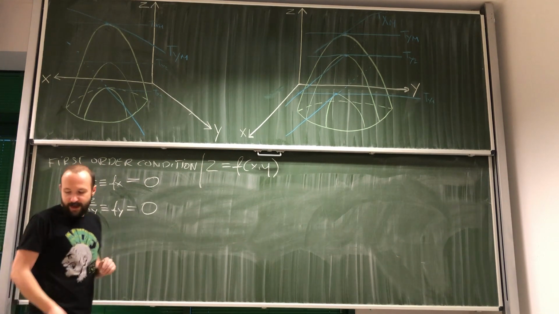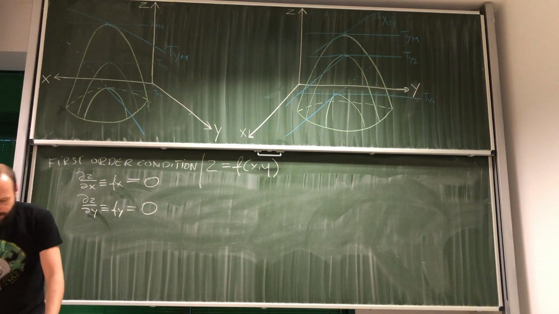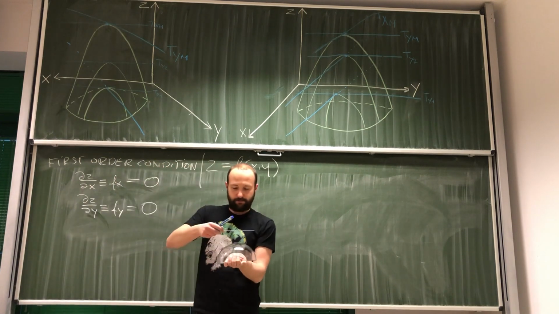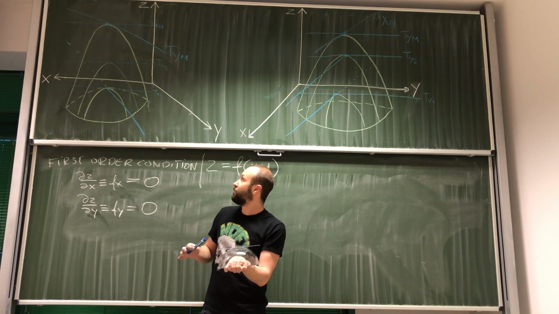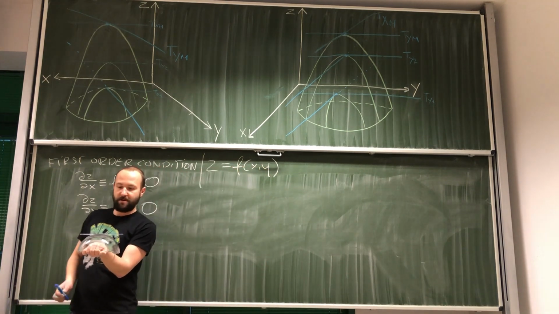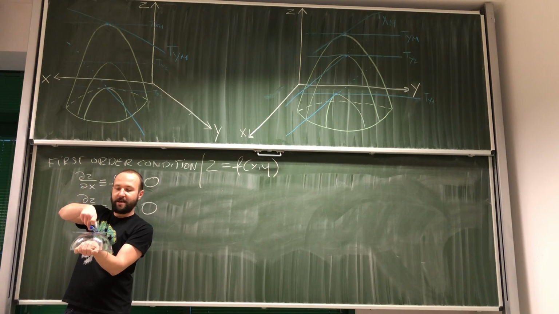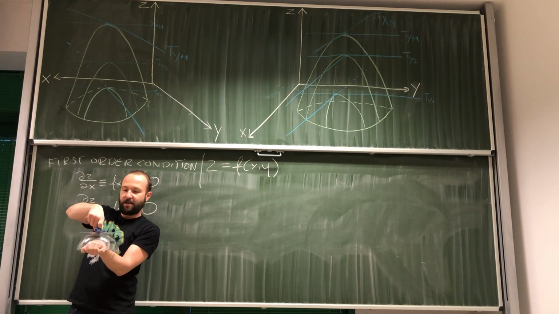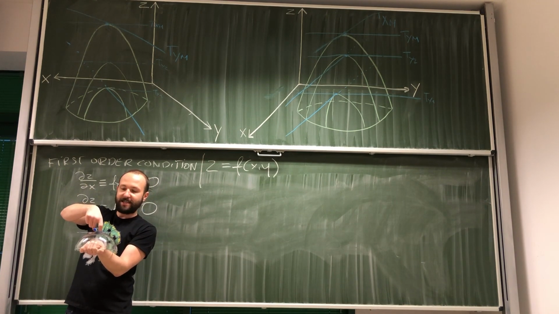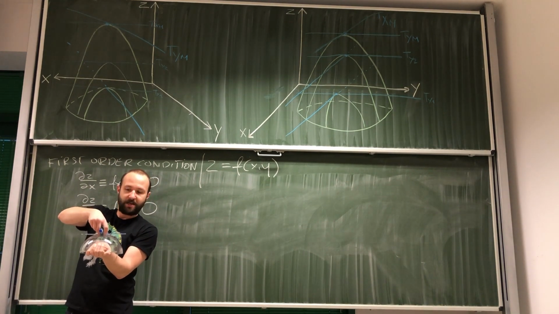Okay, now let me just demonstrate this with the ball again. Look, if we have one line that is, let's just say, parallel to the x-axis, that is tangent, and at the same time a second line that is parallel to the y-axis, right? Then this means that they are both tangent at just one spot.